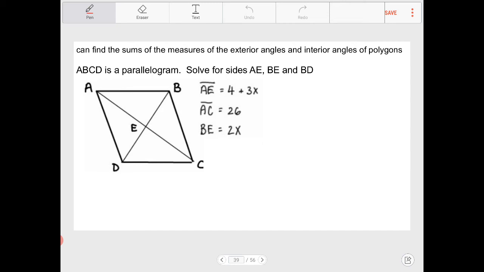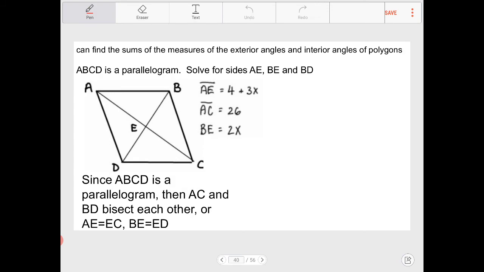And welcome back. So AE is equal to 4 plus 3x, and then AC is equal to 26. Wait a minute, what do we know about AE and EC? Well, we recognize that AE and EC are going to be the same. So we can say that AE plus EC should equal 26.